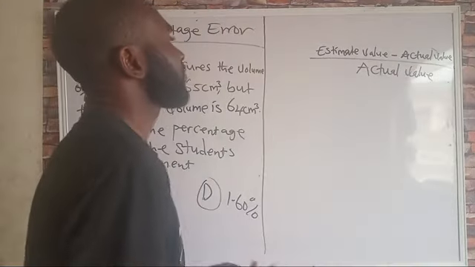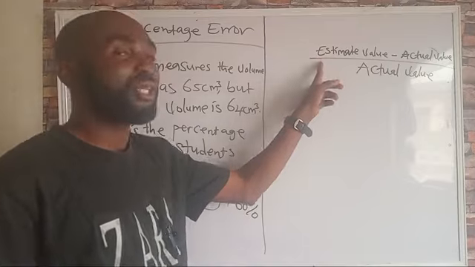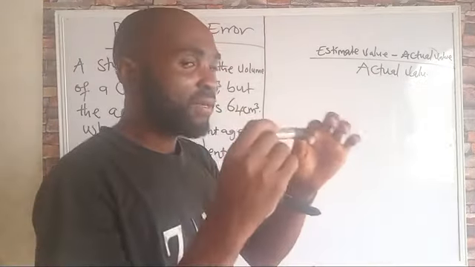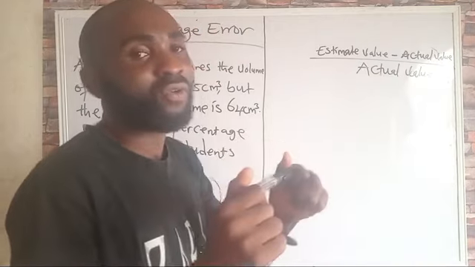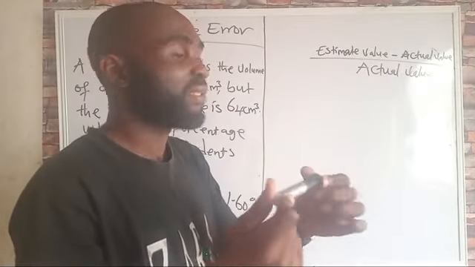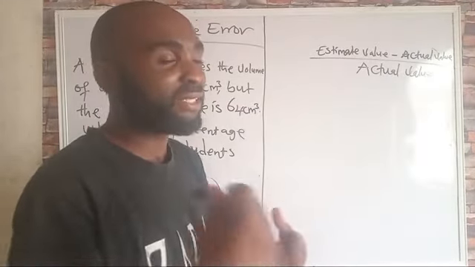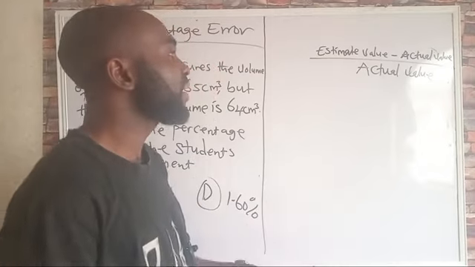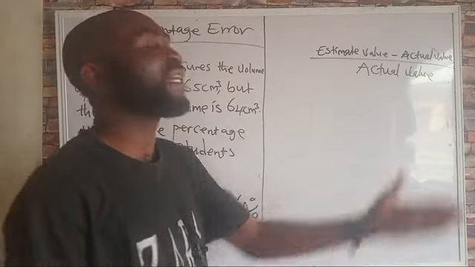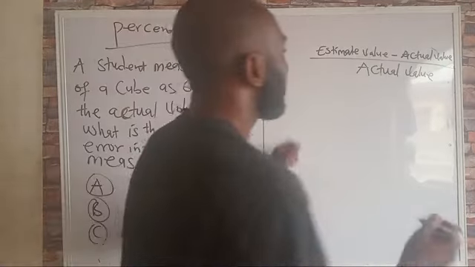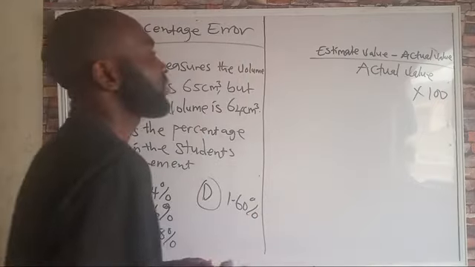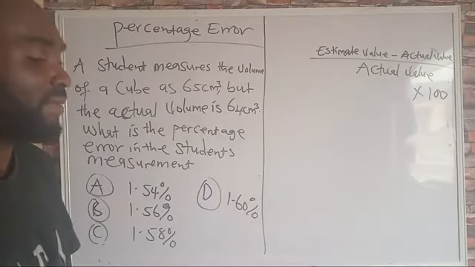That is, estimated means the one you measure using your own hand, minus the actual measurement the manufacturer made when they manufactured that thing, and the one you as a student measure. So you find the estimated value minus the actual, all over the actual measurement, then you multiply everything by 100. Okay, that will give you the answer in percent.